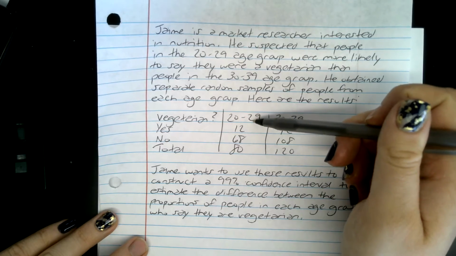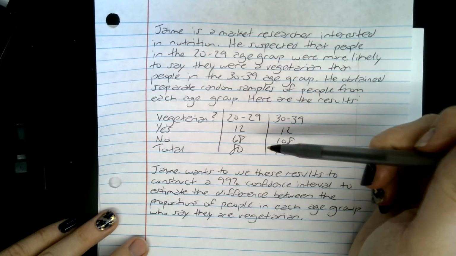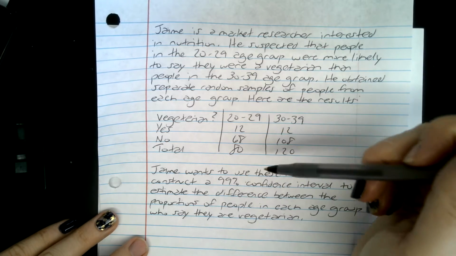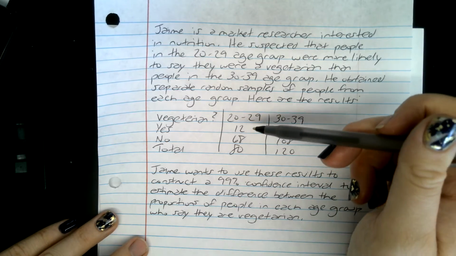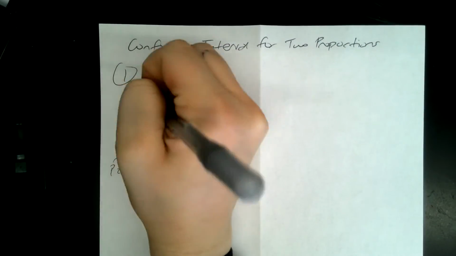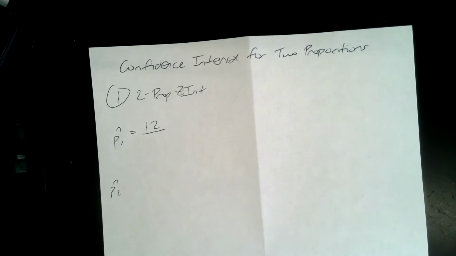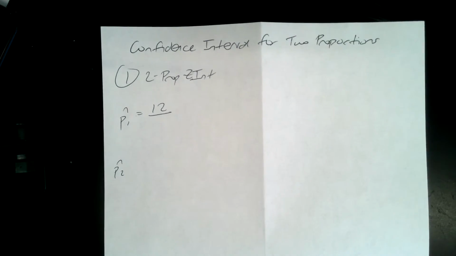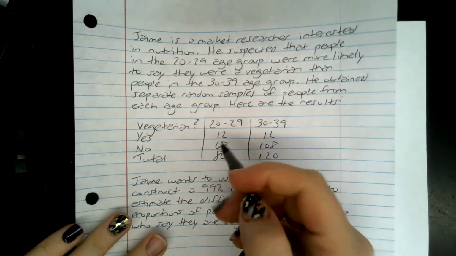If I look at sample 1 here, 20 to 29-year-olds, and I look at how many of them responded positively that they are a vegetarian, that'll be our number of successes. There were 12 that said they are a vegetarian. So that's our number of successes. And we're going to divide that by the sample size for sample 1. There were 80 people total in sample 1.